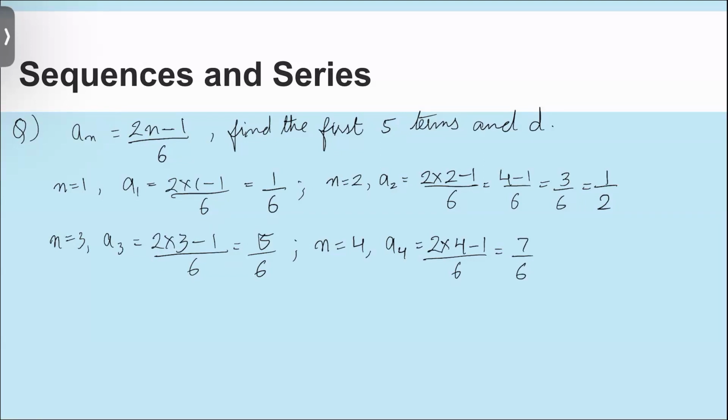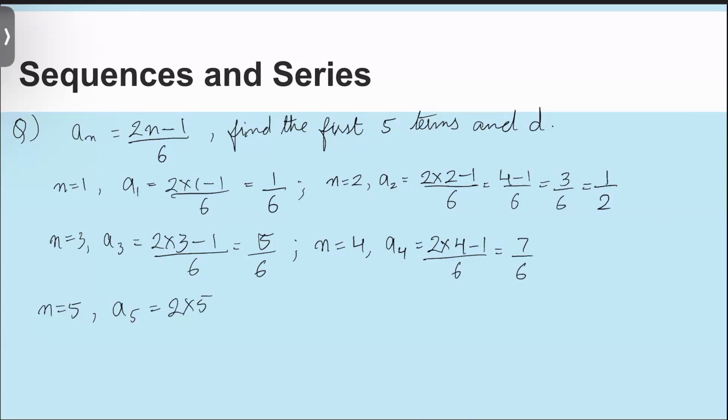And the last one, we want to find up to the 5 terms. Okay, so the fifth term is n is equal to 5. So a5 then becomes 2 into 5 minus 1 upon 6. So this is 10 minus 1, 9.